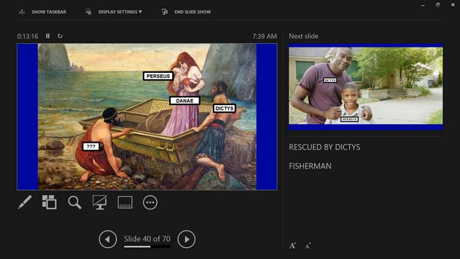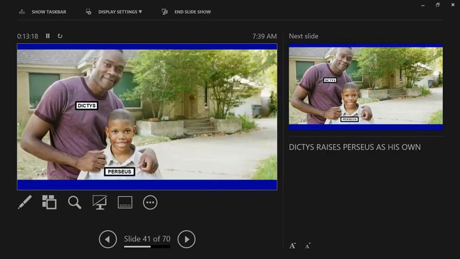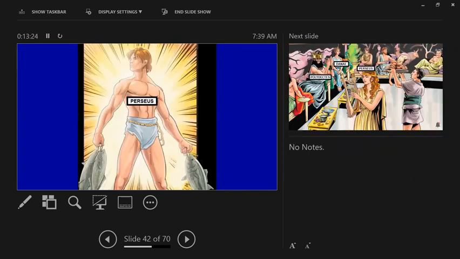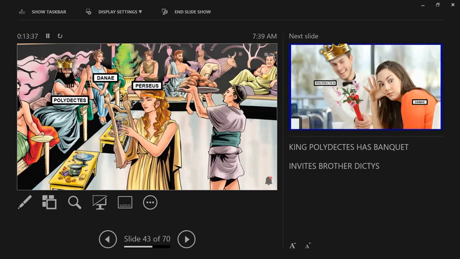He's a hardworking fisherman, and he raises Perseus as his own son. And then Perseus grows up to be a fine young man. He's strong and virile and knows how to fight. And he becomes a hero. So this is the beginning of his hero's journey.